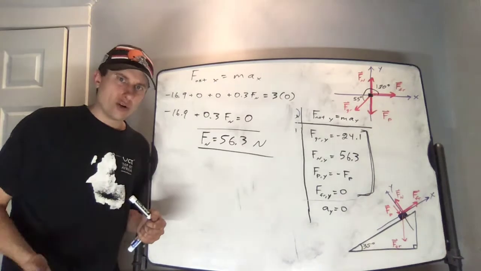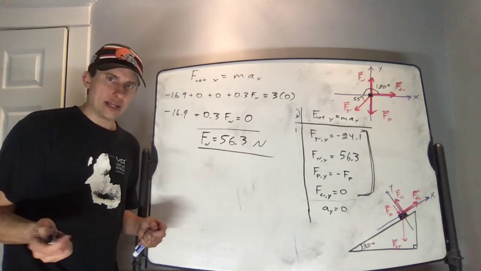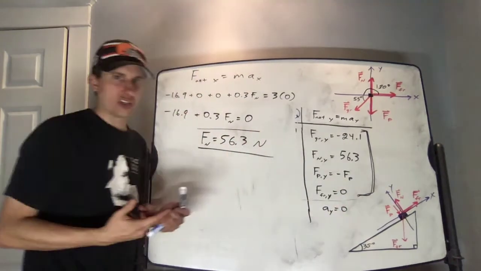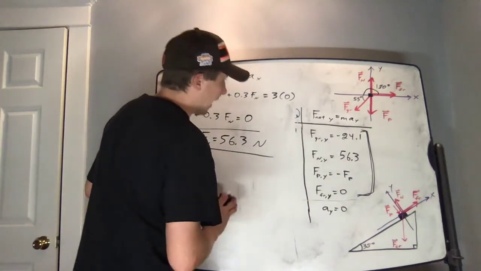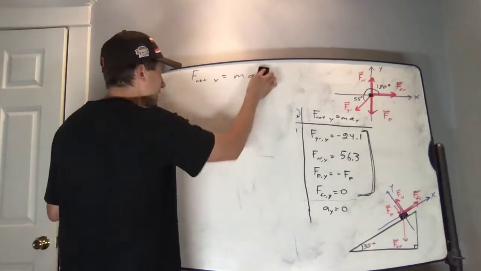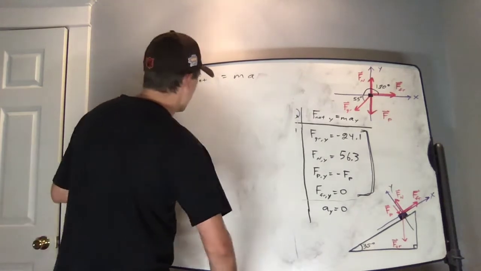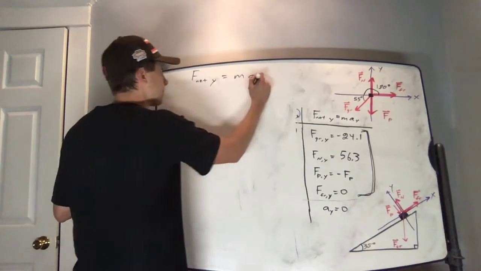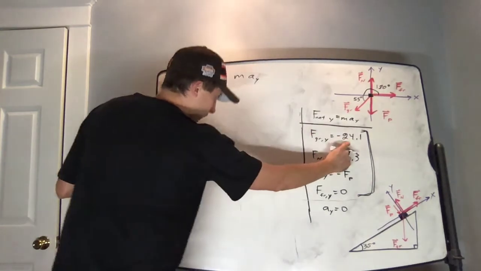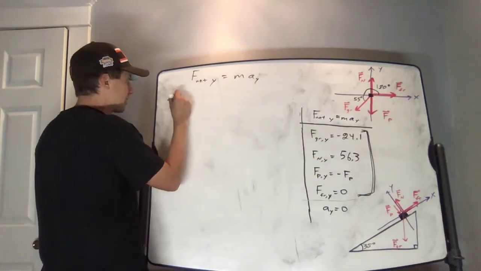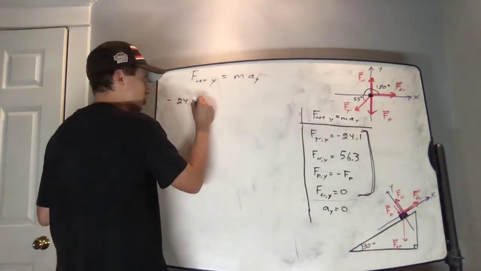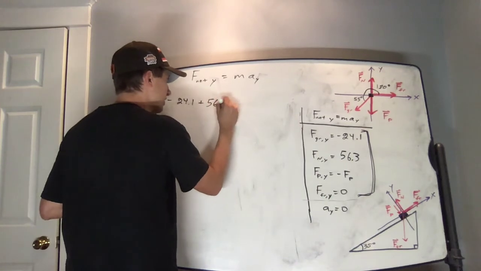At this point, when I solve Newton's second law in the y direction, I only have one unknown, and this will be the force of my push. So I could set up Newton's second law in the y direction just like before. I'll have F net y equals MAY now. So the forces in the y direction, we have the force of gravity in the y direction is negative 24.1. The normal force in the y direction is 56.3.